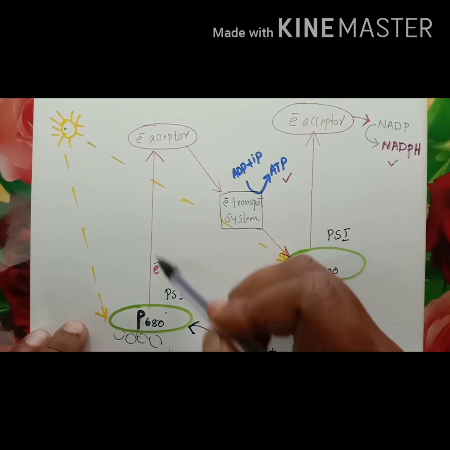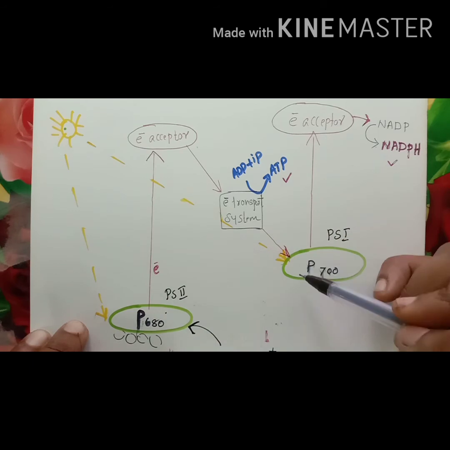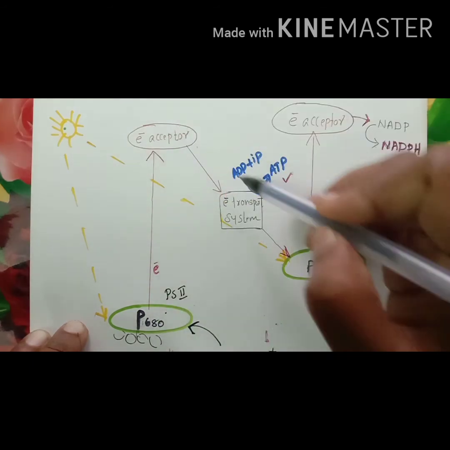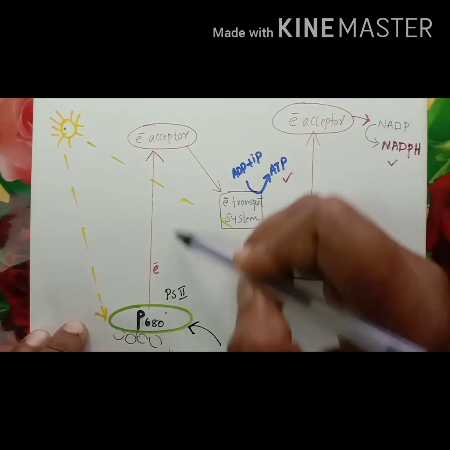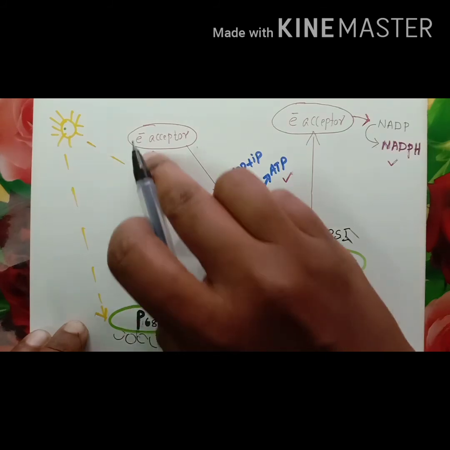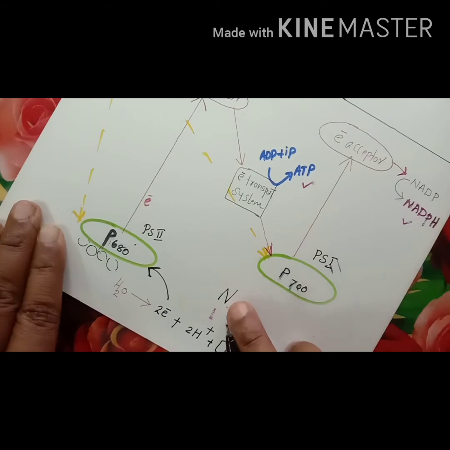The electron moves upward, again downward, again upward. So this movement is otherwise called the Z scheme. You can see it like this, here you can see a Z, isn't it? Moving upward, downward, again moving upward. So this manner is called the Z scheme.